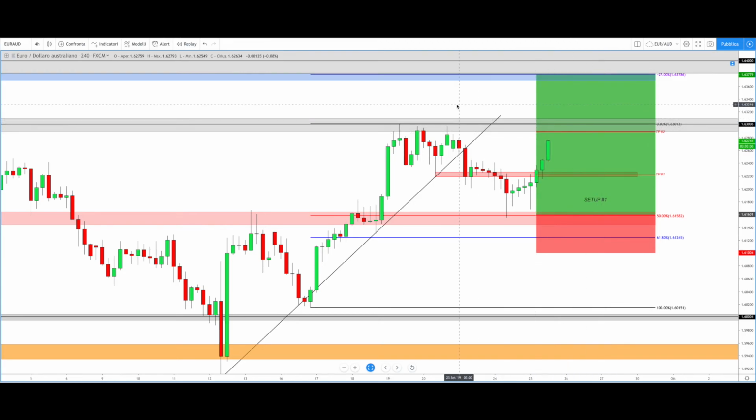For now, guys, good entry point here, and this is a perfect example of following your analysis, because I personally do my weekly PDF and find many of my personal setups during the weekend, and during the week I will only follow my setup and the pre-made analysis that I share with you during the weekend.